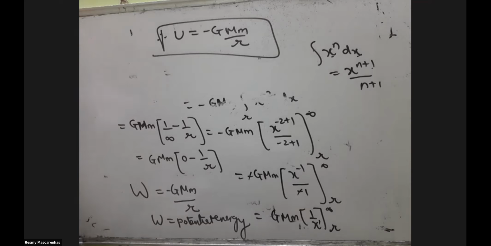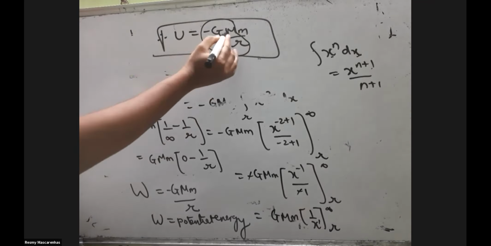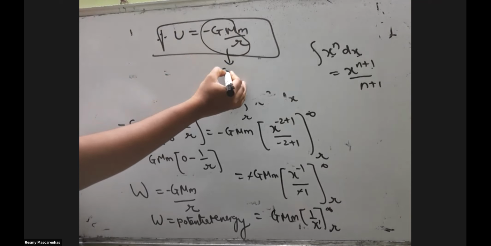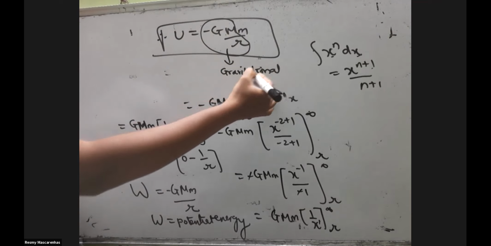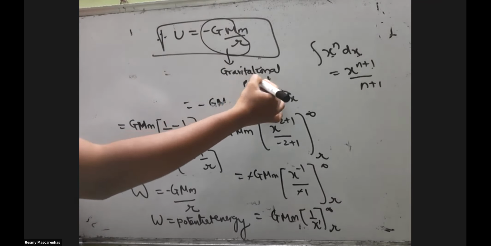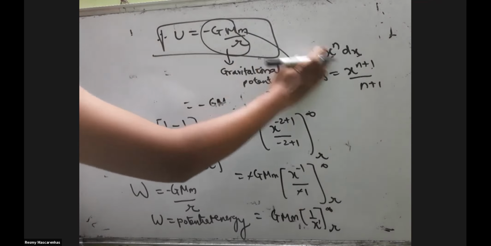So basically what is this? It is nothing but the formula of gravitational potential. And what is this? Nothing but the mass of the small body.